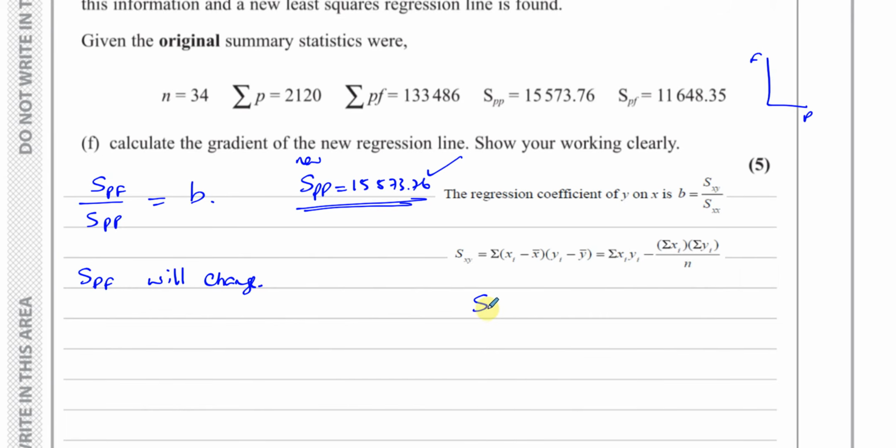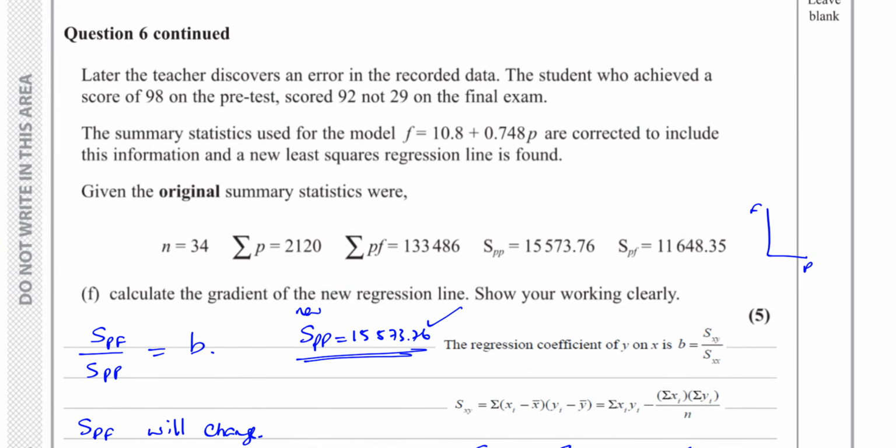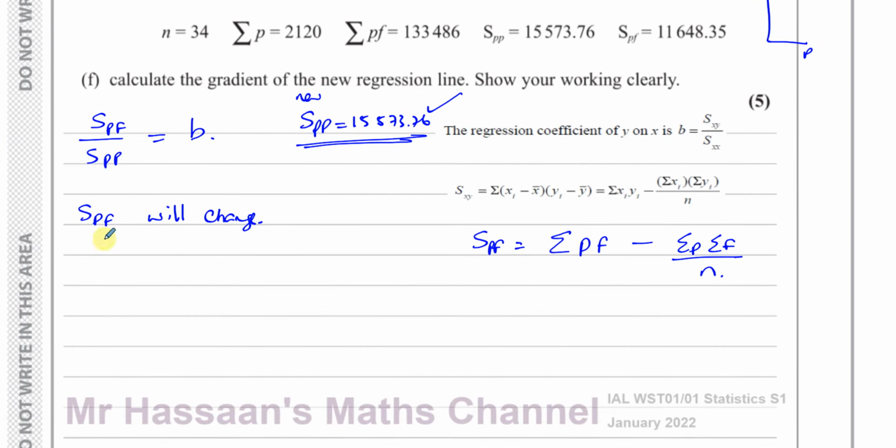We can see Spf is going to be basically the sum of P times F minus the sum of P times the sum of F over N. Now, the sum of P will be the same. So the sum of P will still be 2,120.